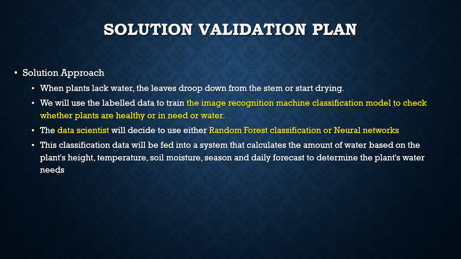The data scientist, whom we will employ as part of the project, will decide whether to use a random forest classification or neural networks, or if there is any other better model available. This classification data will be fed into a system that calculates the amount of water based on the plant height and other factors such as temperature, soil moisture, season, and daily forecast.